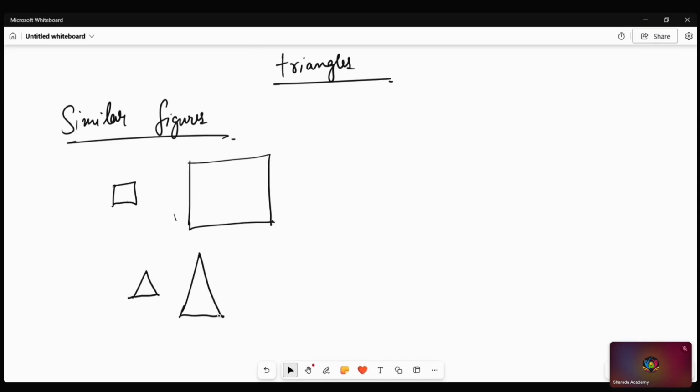There, the shape used to be the same, but it would either enlarge or reduce. We used to do that, no? Those two were similar. The shape is the same, but the size can vary. Those triangles we call similar triangles. Okay. So we will study about that.